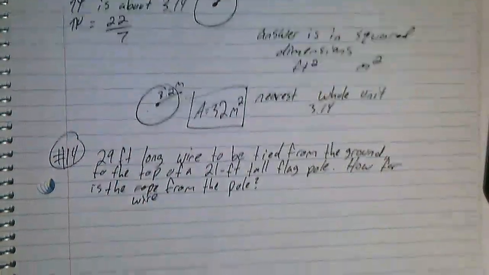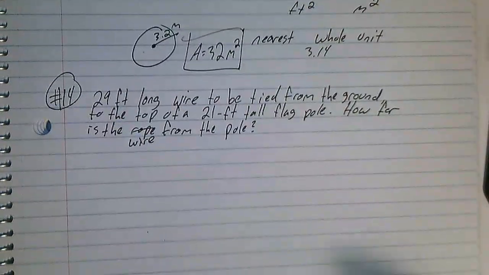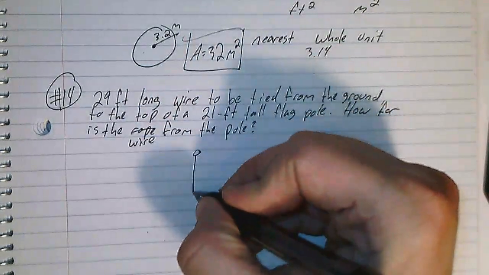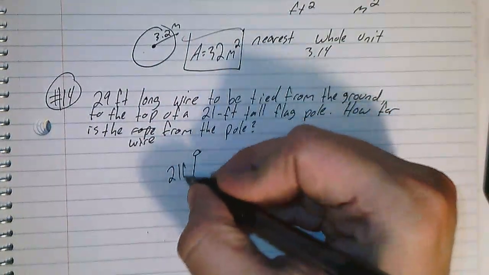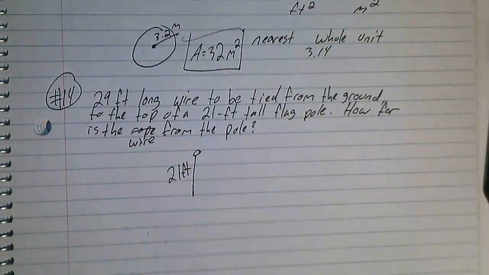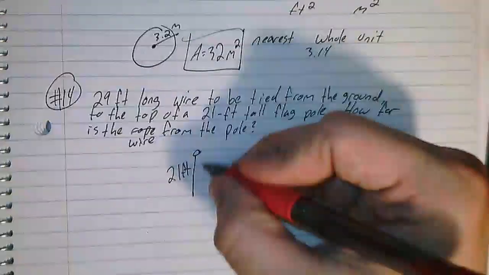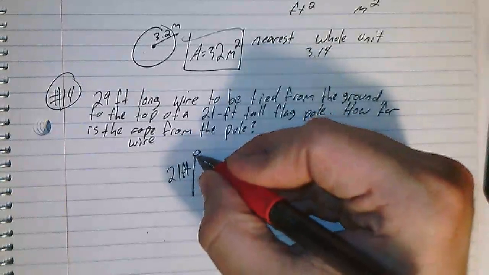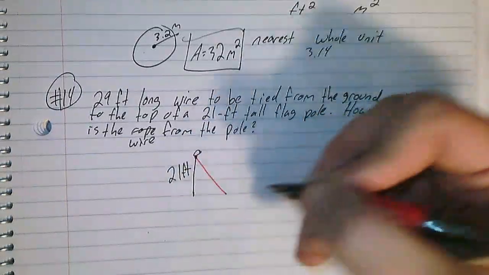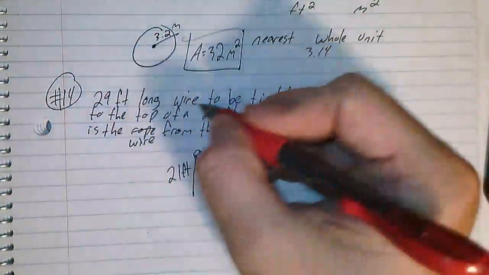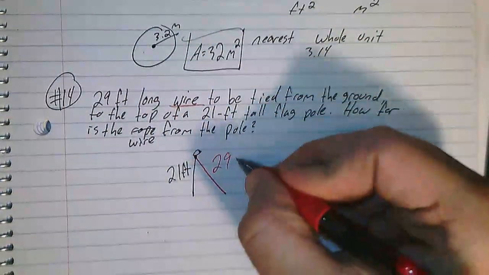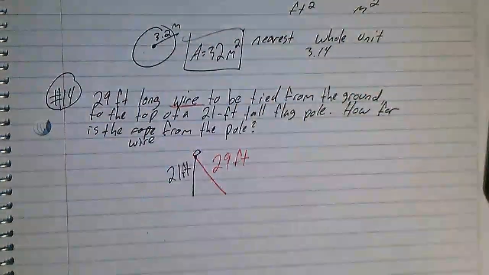I think it's helpful to draw this out here. We have a little flagpole that is 21 feet tall. We have this wire in red that's tied from the top of the flagpole to a stake in the ground, and that's 29 feet long.